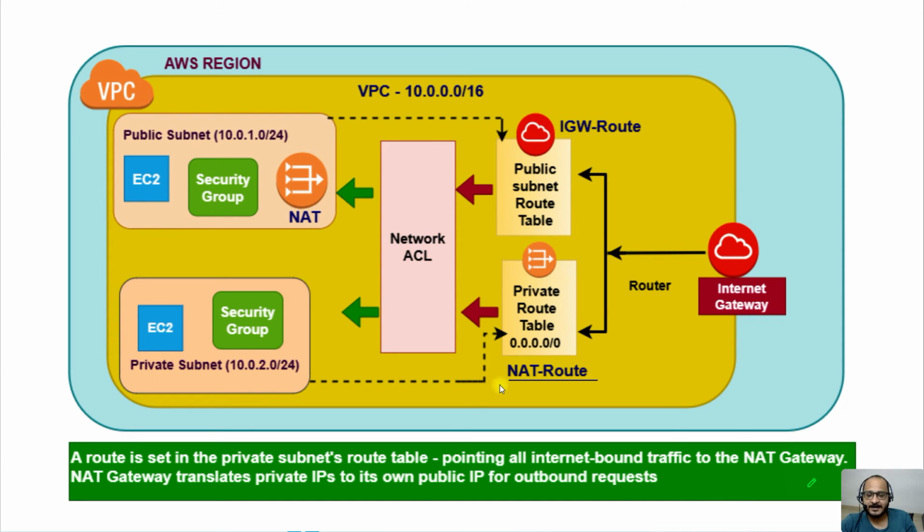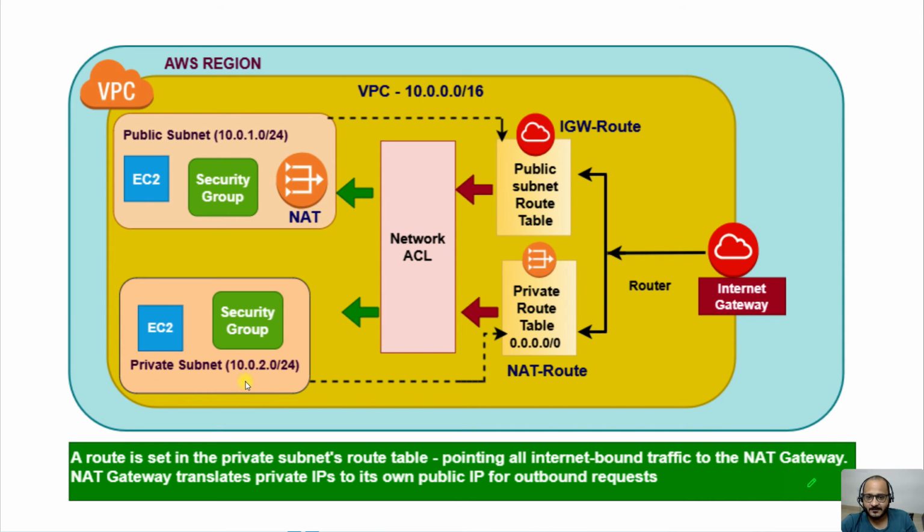What the NAT gateway does is translate the private IP address to its own public IP address and send the request to the internet. As soon as it receives a response from the internet on the NAT gateway IP address, it translates back to our private IP address.